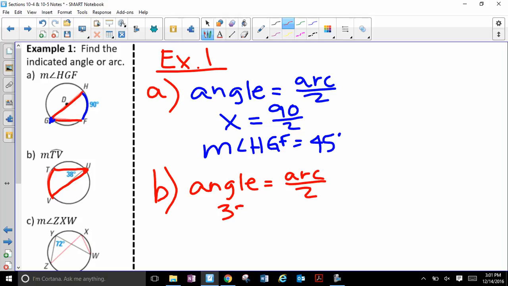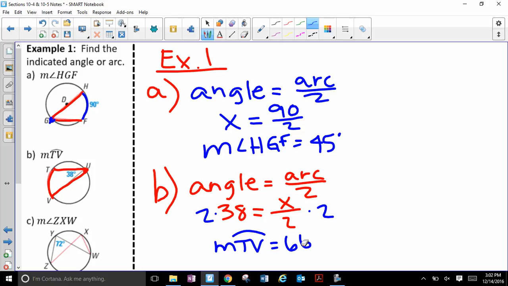Well, this time we know the angle is 38 degrees. We don't know the arc, so that's my x divided by 2. So then how do we solve here for x? Well, we multiply by 2. So then my arc, which is what my x is this time, which is the measure of arc TV, is going to equal 38 times 2, which is 66.